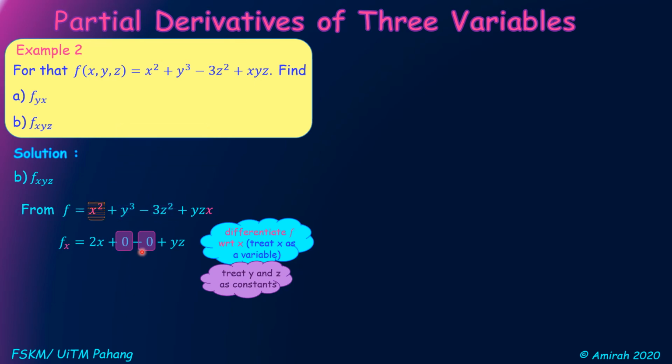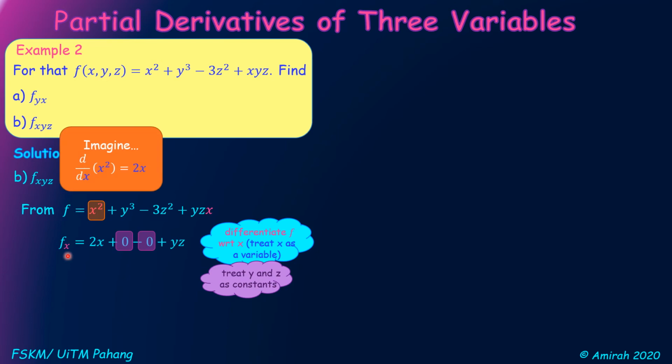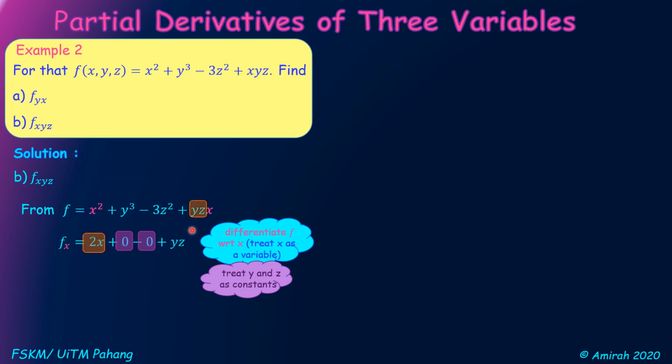Now we want to differentiate x squared with respect to x. Using the power rule, the answer equals 2x. And then yz here, since we treat y and z as constants, constant times constant equals constant.